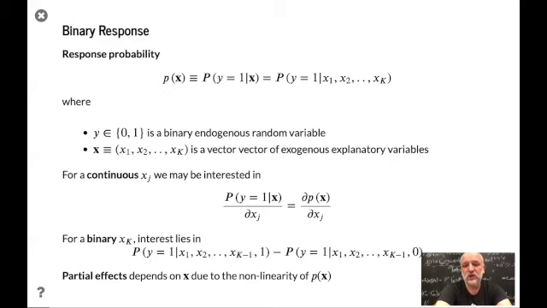So here you may want to calculate simply the difference between the response probability given that xk is equal to 1, and given that xk is equal to 0. Then you have to put in some other values for the remaining explanatory variables in order to calculate that partial effect. Unless that probability is really a linear function and separable in all the explanatory variables, these partial effects generally depend on the explanatory variables.